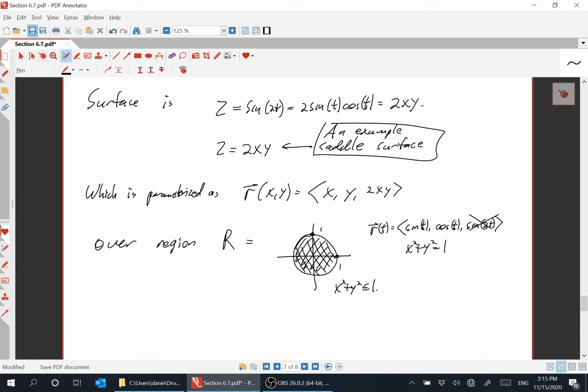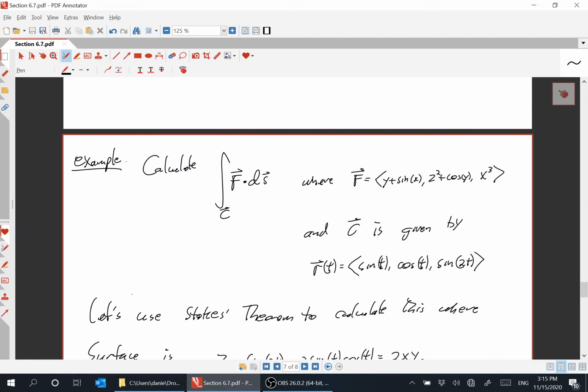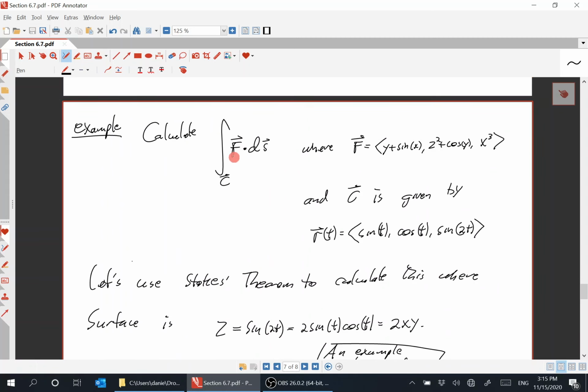Okay, let's go over that setup again real quick. Calculate the line integral of F dot ds, where this is F and C is this. I'm not given a surface at all, but I can make a surface that has this boundary curve, in which case I can apply Stokes' theorem.